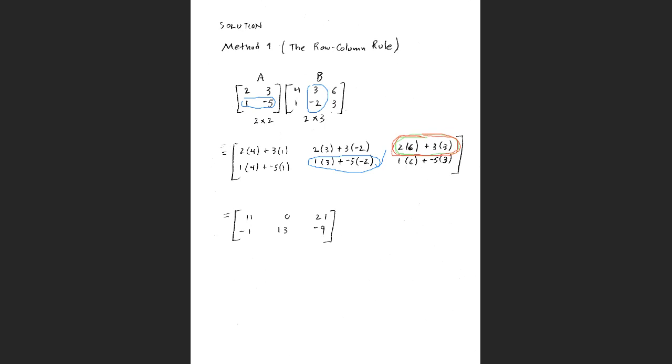Good. Row 1, column 3. Good, Eleanor. Good, Benjamin. So if we take row 1 and multiply that by column 3, 2 times 6 plus 3 times 3, you get that entry. Okay? And are there any questions on how we use the row column rule to multiply two matrices?